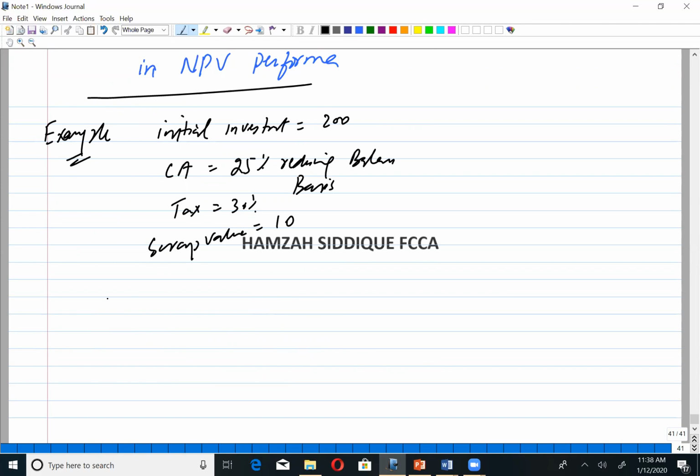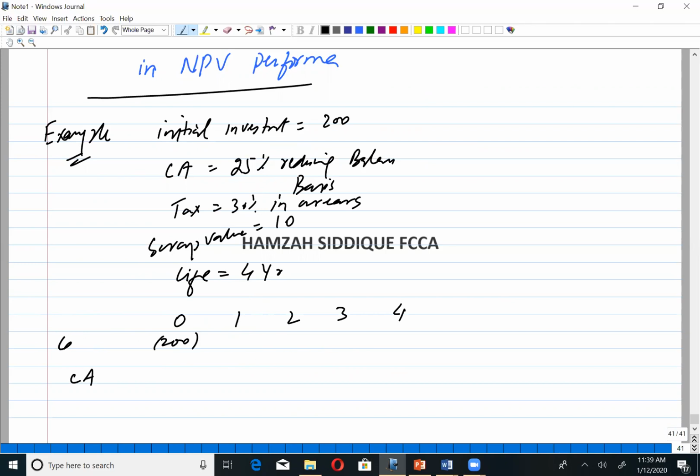And life of project is 4 years. Just see here, 0, 1, 2, 3, and 4. And tax is in arrears. Tax is in arrears. Maximum complexity I want to add. So 200 is the investment. So capital allowance in the first year.